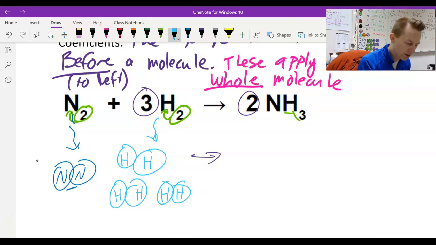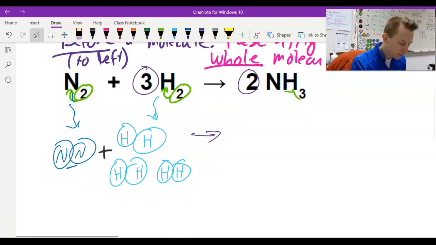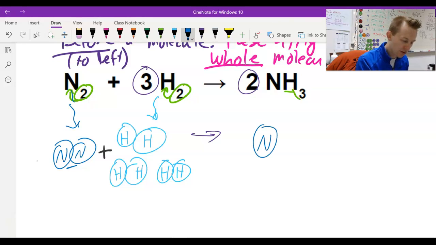If you want, you can certainly come in here and put that plus sign here, just to remind yourself. Some people like to do that, so you can feel free to do that as well. And then let's go over to the product side now, and we have in one molecule, there's 1 N and 3 H's.